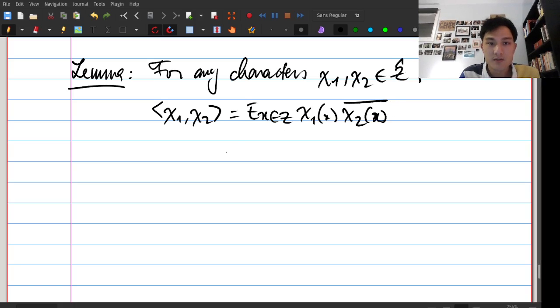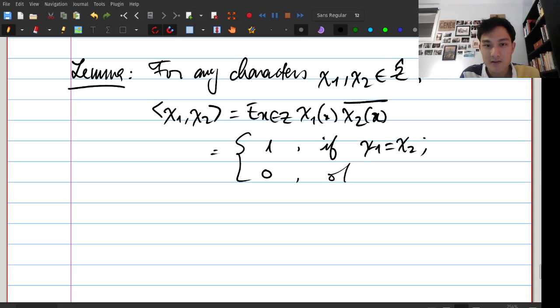This is equal to 1 if chi1 equals chi2, and 0 otherwise.